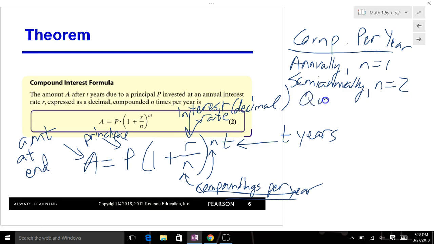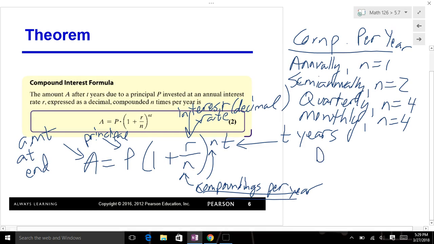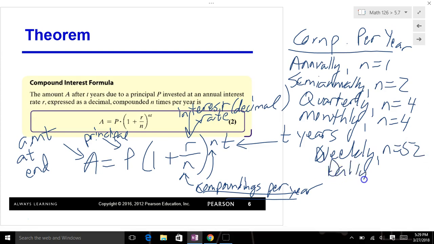If they say it's quarterly, like in that last situation, your N would be 4. If they say monthly, which is very common in savings accounts, your N would be 12. Weekly is 52 weeks a year, daily, and so on. That's what your N would be.